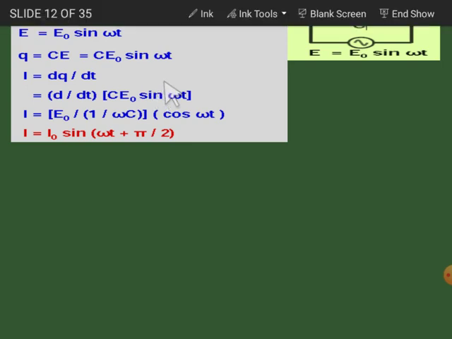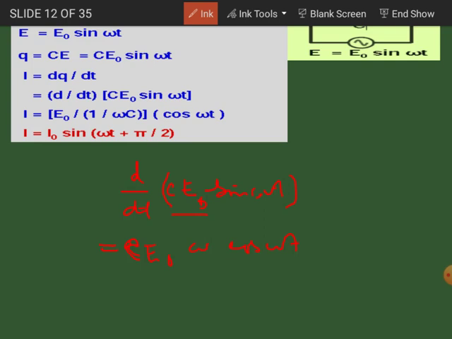So if you try to differentiate d by dt of C E naught sine of omega t, then what happens? C and E naught are constant, so we take them outside the differentiation. Differentiating sine of omega t gives omega cosine of omega t.